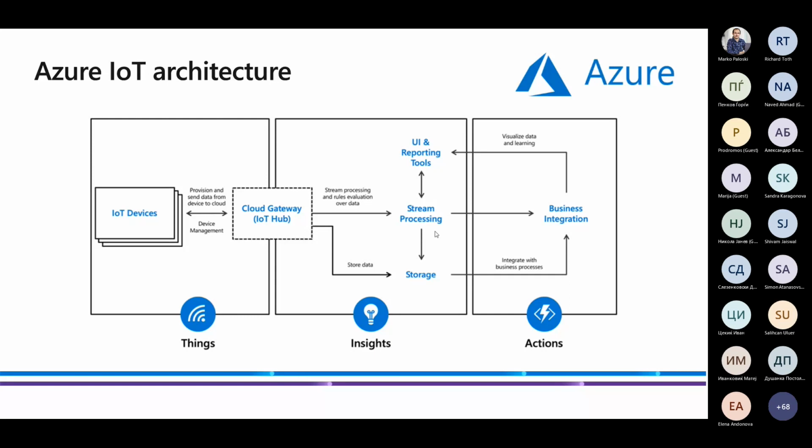Then we have stream processors that consume the telemetry data, integrate with business processes, and place the data in the storage. And finally, we have a user interface to visualize data and enable easy device management.